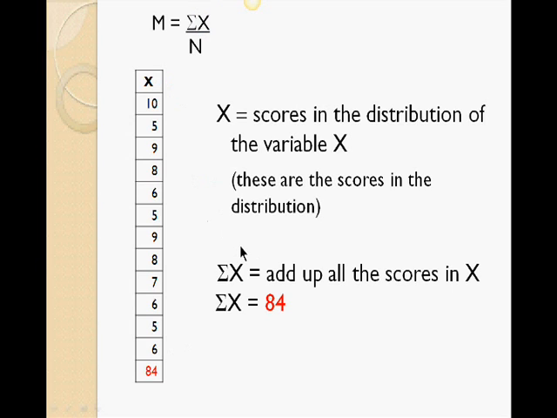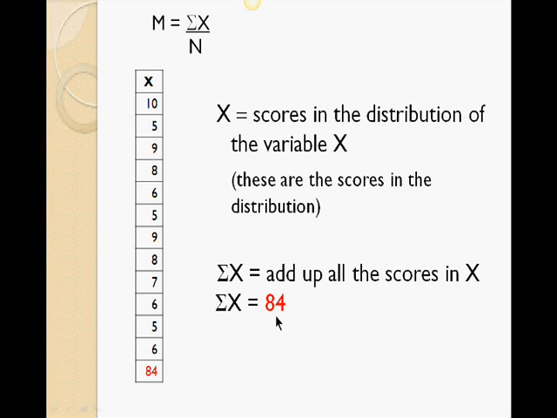So when we put these two together, the summation sign and the X, it's telling us to add up all the X's in our distribution. So if we add 10 and 5 and so forth, we add these together, we're going to get 84.